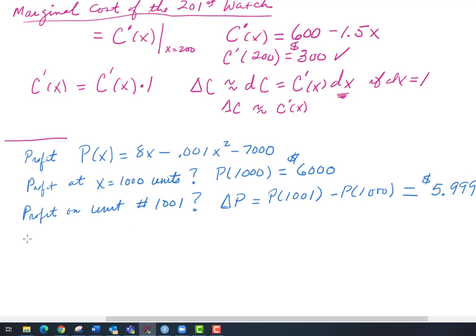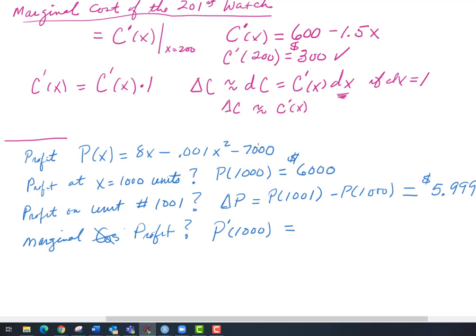Now, what would the approximation be, the marginal? Oops, not cost, but profit. Well, the marginal profit would be P prime of 1,000.